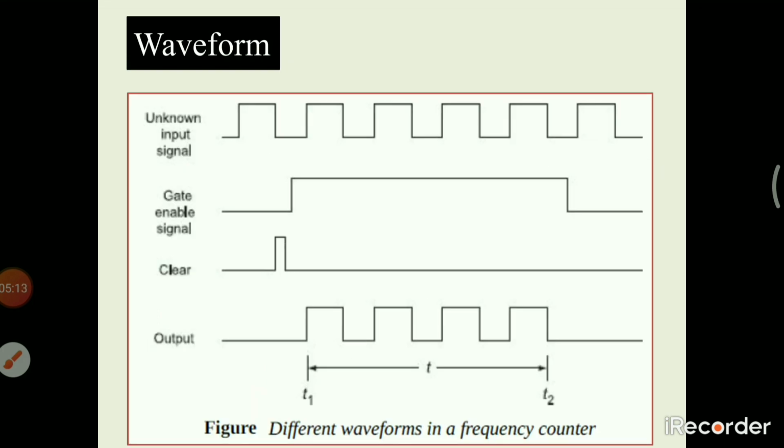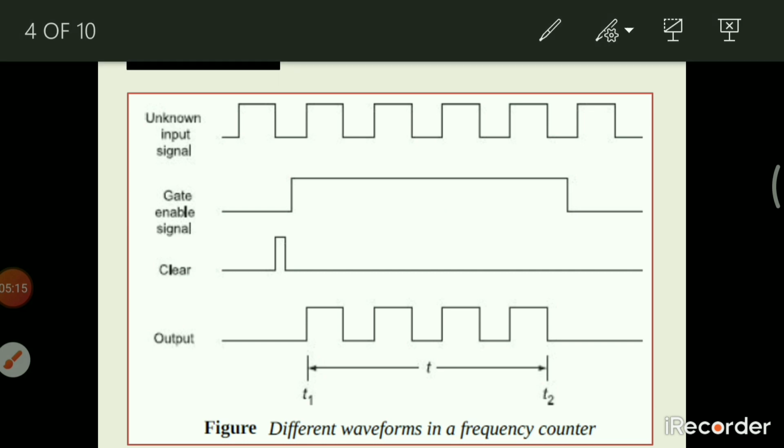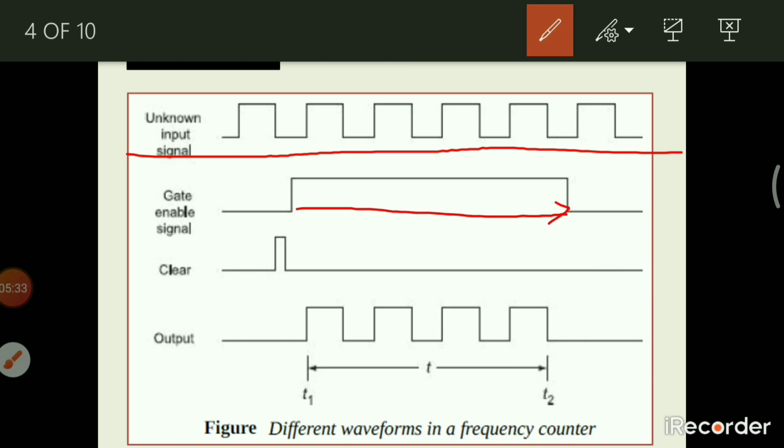Then, waveform. We know this is the unknown input signal. Then the second is a reference signal. We know that the time duration of this reference signal is 1 second, because we want to find out the frequency of the unknown signal, and frequency means the number of cycles completed in 1 second.